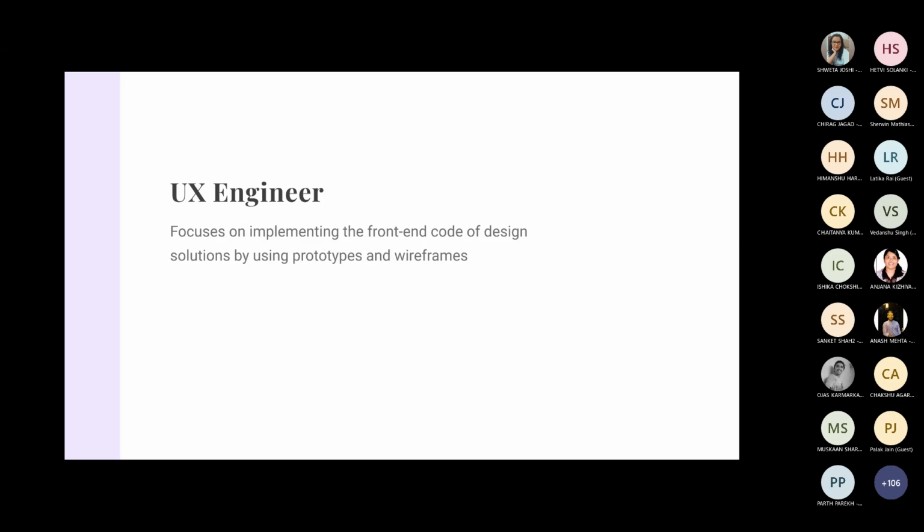So they're not developed, but they are just images which are clickable. The UX engineer will take these prototypes and wireframes and then use front-end coding to develop them. So again, the UX engineer is still trying to think of how we can improve the user experience and make it the best possible. But their job is mainly around front-end coding and not as much around ideation or what the user researcher did.